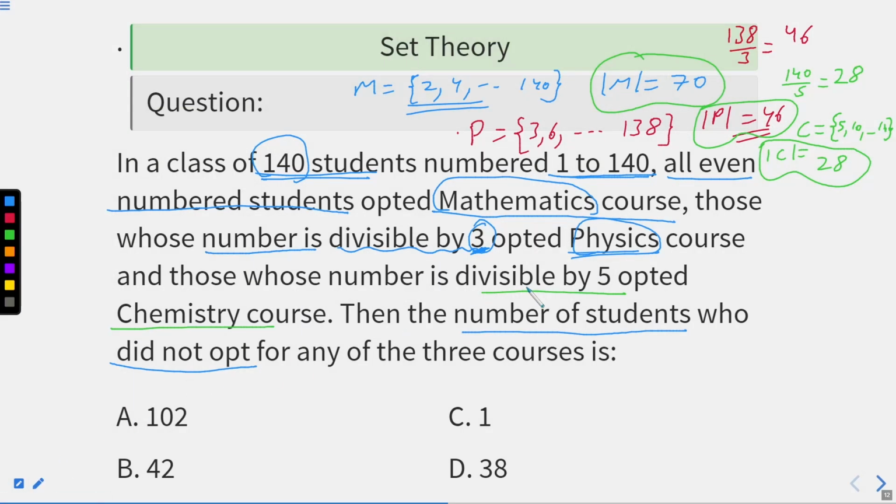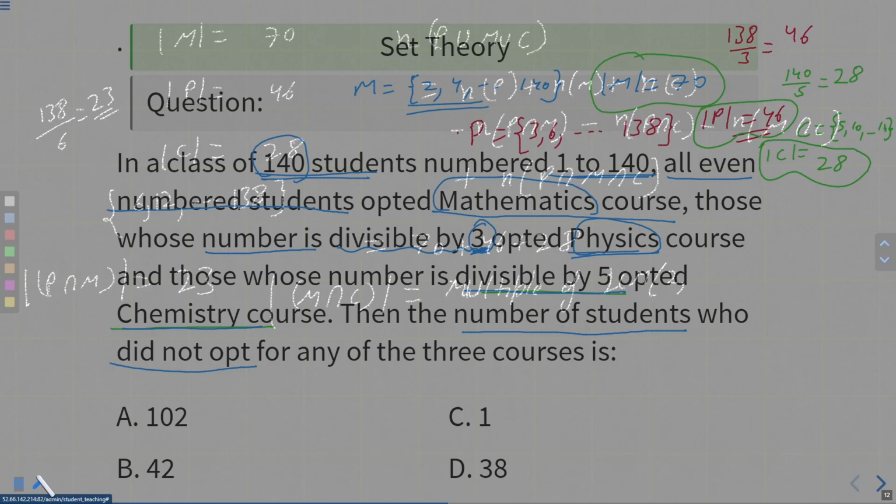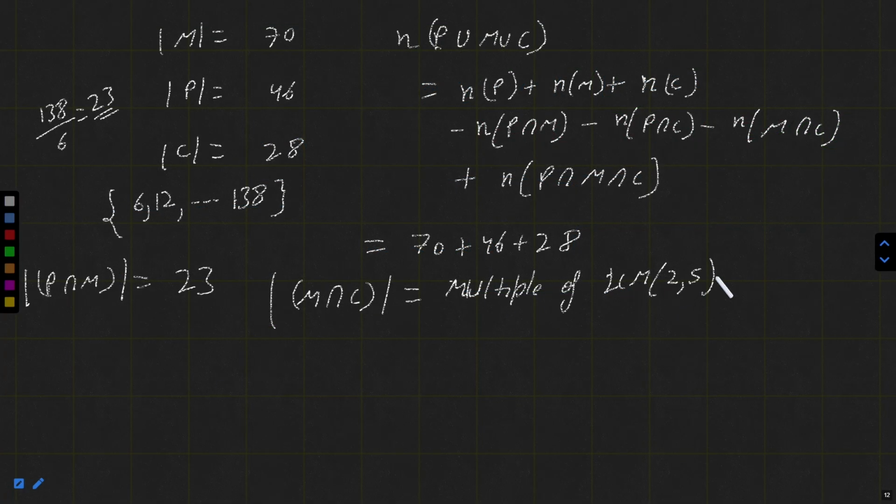Why 5? Because if the number is divisible by 5, the student opted for chemistry. Okay. Now the LCM of 2 and 5 is 10, and the numbers will look like 10, 20 till 140, and the cardinality of this set will be 14.